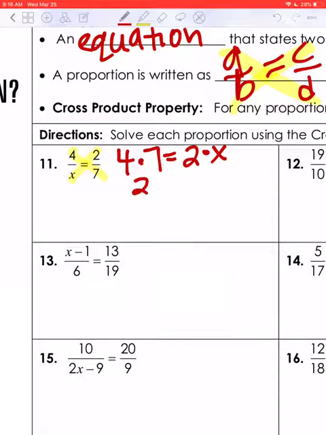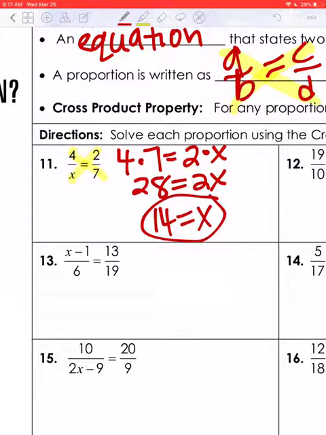But either way, we'll get 28 equals 2x, and divide by 2, x equals 14, or 14 equals x. Okay, and now to check your answer if you want, you could plug in for x and you would get 4 over 14, right? Does that reduce to 2 over 7? If you divide each one by 2, yes it does. So you can always check your work with proportions.